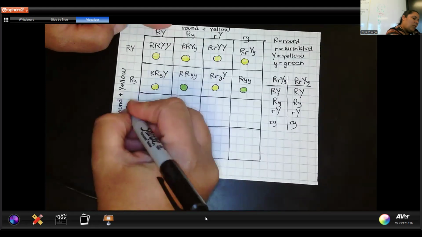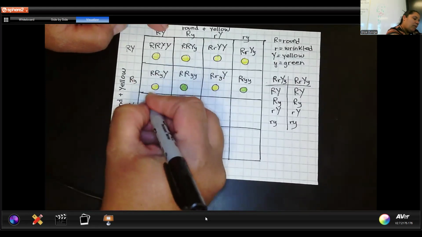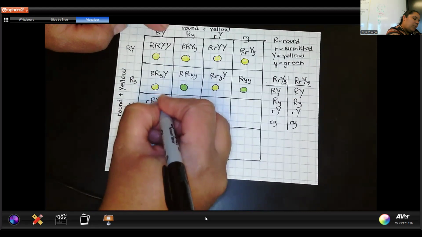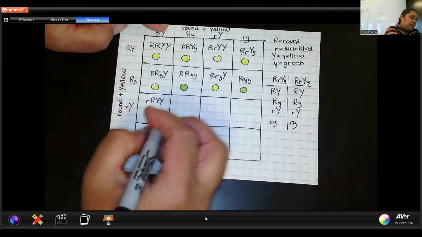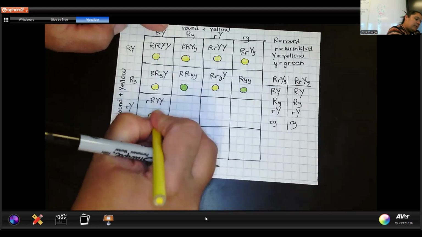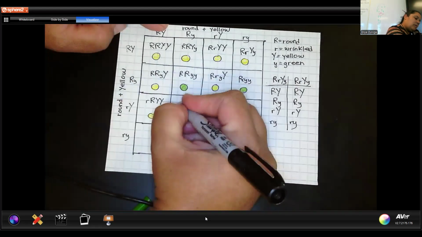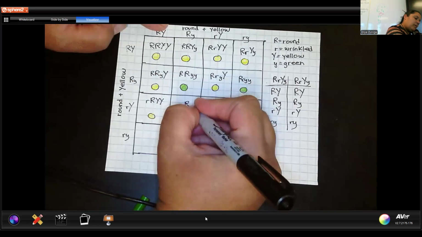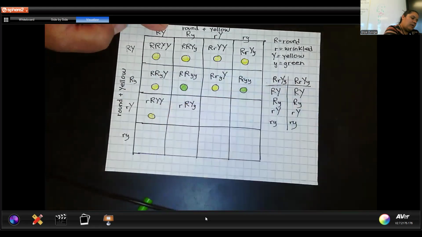Next row, lower r, upper R, upper Y. And this is round and yellow. And the next one, lower, upper, lower. And this is round and yellow.